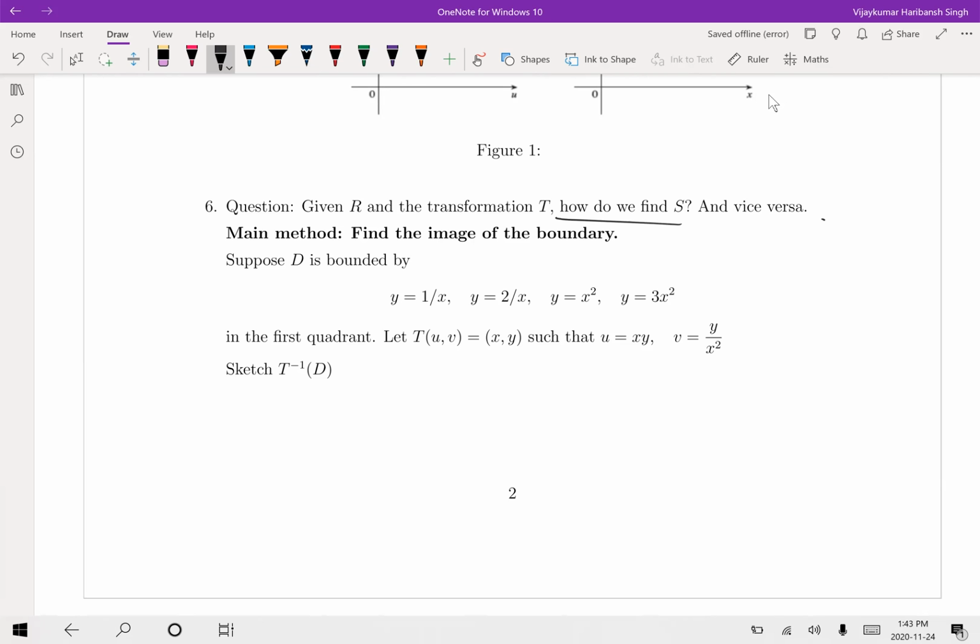Suppose D is a region bounded by y equals 1 over x, y equals 2 over x, y equals x squared, and y equals 3x squared in the first quadrant. Let T be the map from (u,v) to (x,y), where the map is given by u equals xy, v equals y over x squared.